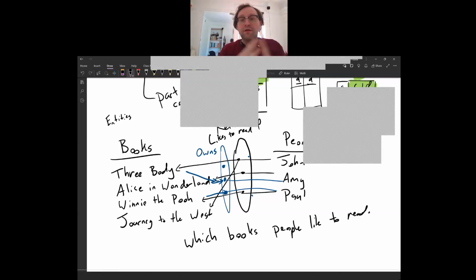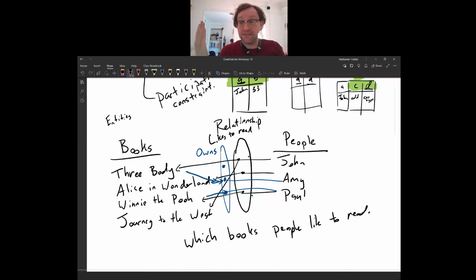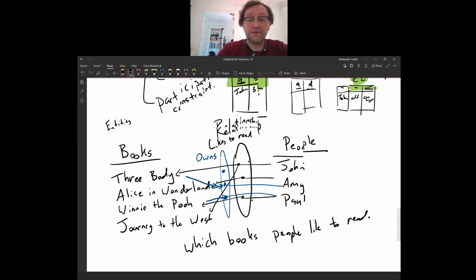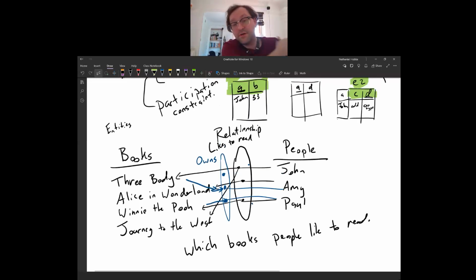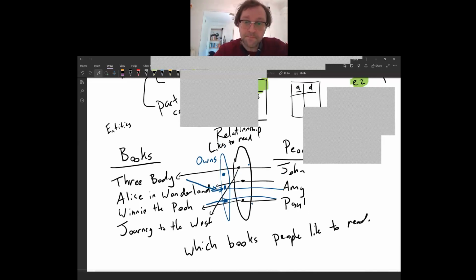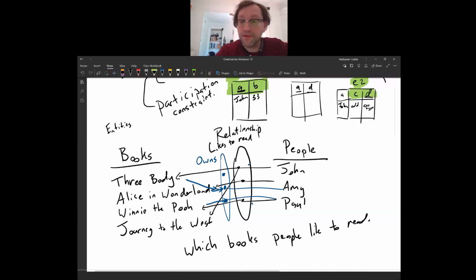Okay, so the point here is that for two entities, it's not a one-way relationship. The relationship always goes both ways. So for the relationship likes to read, we can see here that with one input, there are two outputs.